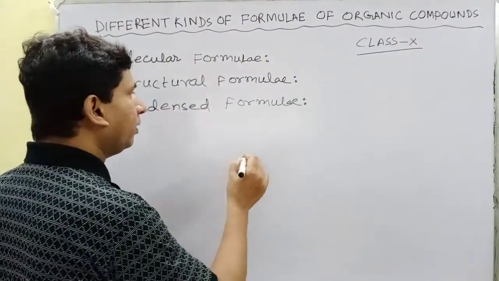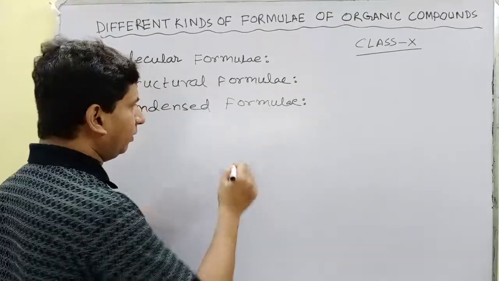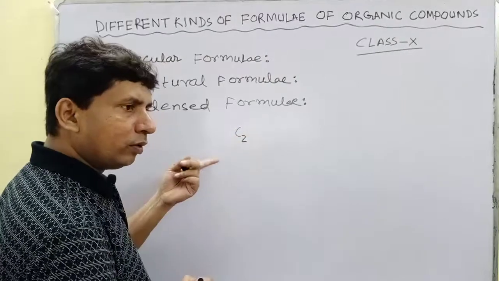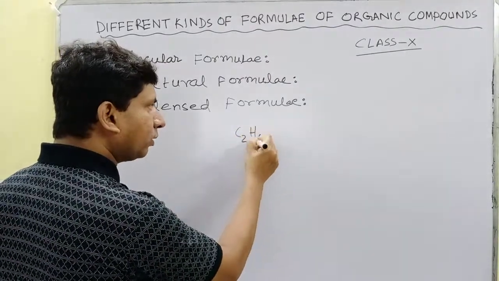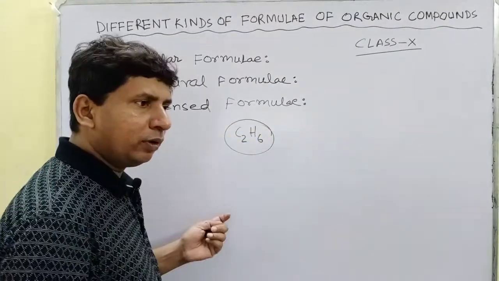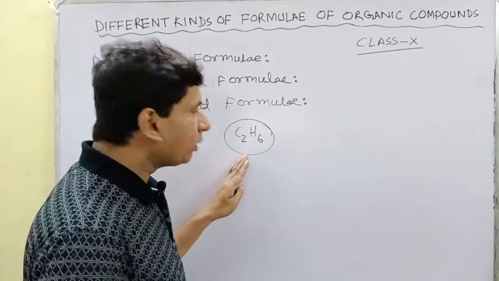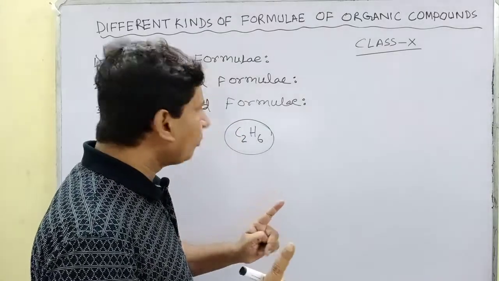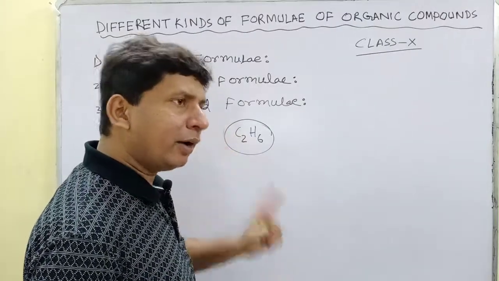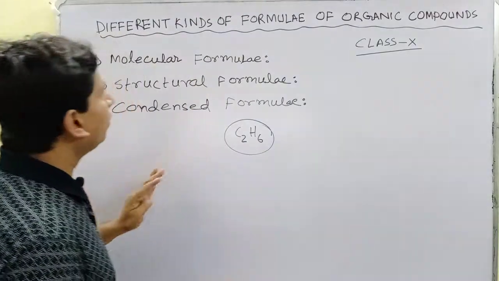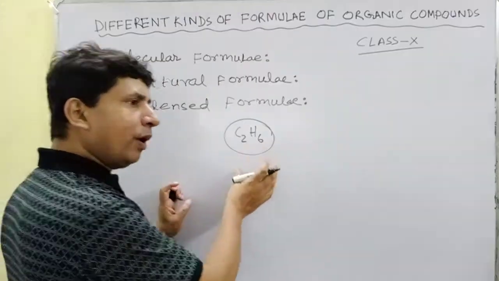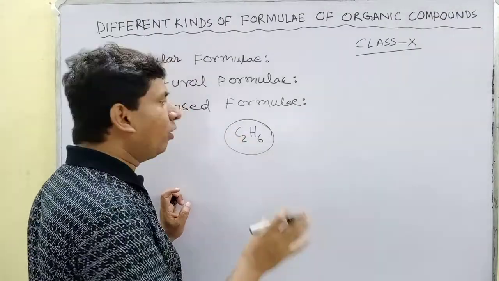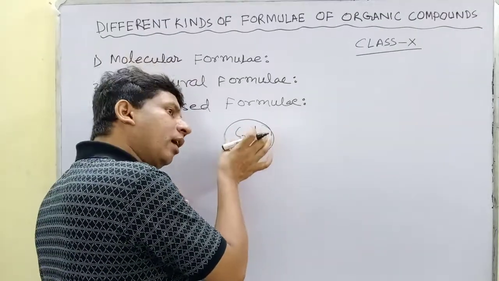That means if we say ethane, there are 2 carbons, so C2H6. This is the formula of ethane. In this formula there are 2 carbon atoms and 6 hydrogen atoms.